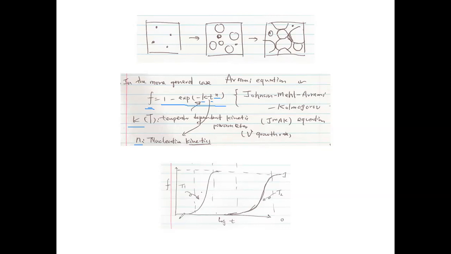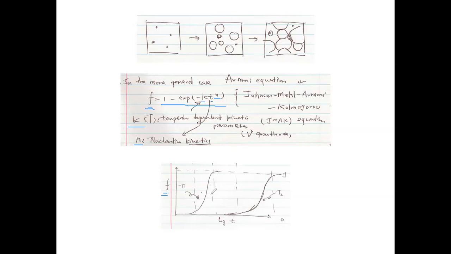If you still remember when we introduced the TTT diagram, we had the information of the transformed fraction of the phase of interest, with this typical form of f as a function of time, but we wanted to work out a more detailed mathematical form for this. We went through two simple nucleation scenarios, got a general expression, and further generalized it, and we reached the JMAK equation. So this is what we're looking for.